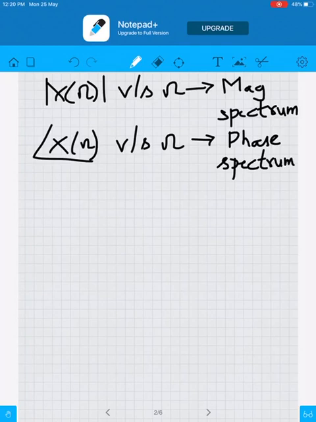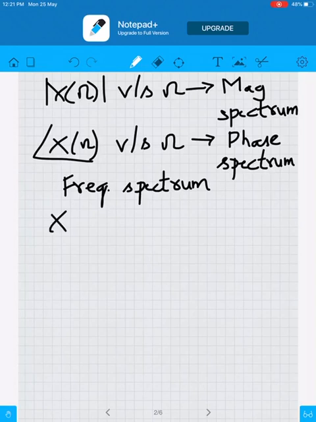Together, the plot of magnitude of x of omega versus omega and the plot of phase of x of omega versus omega is called the frequency spectrum. And if I take the magnitude of x of omega and square it versus omega, then I get the energy spectrum.